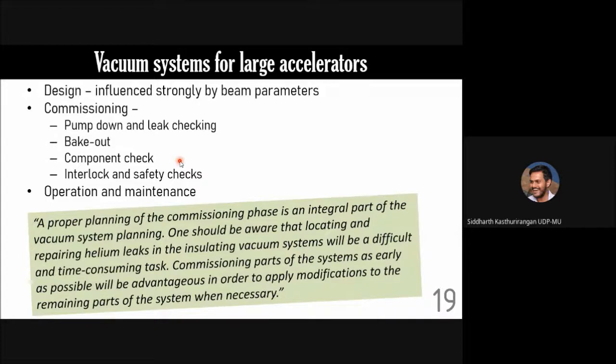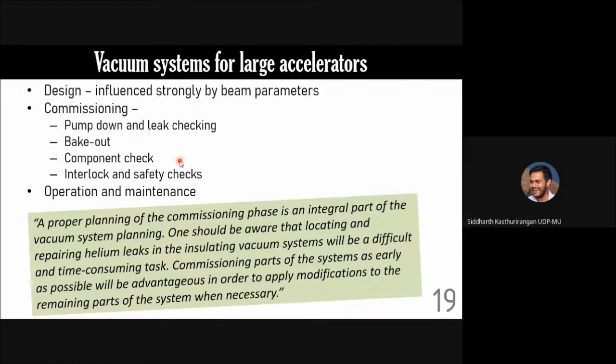Commissioning parts of the system as early as possible will be advantageous in order to apply modifications to the remaining part of the system when necessary. In a large accelerator, you have a repeated unit of many magnet quadrupole plus pump plus gauge plus whatnot.